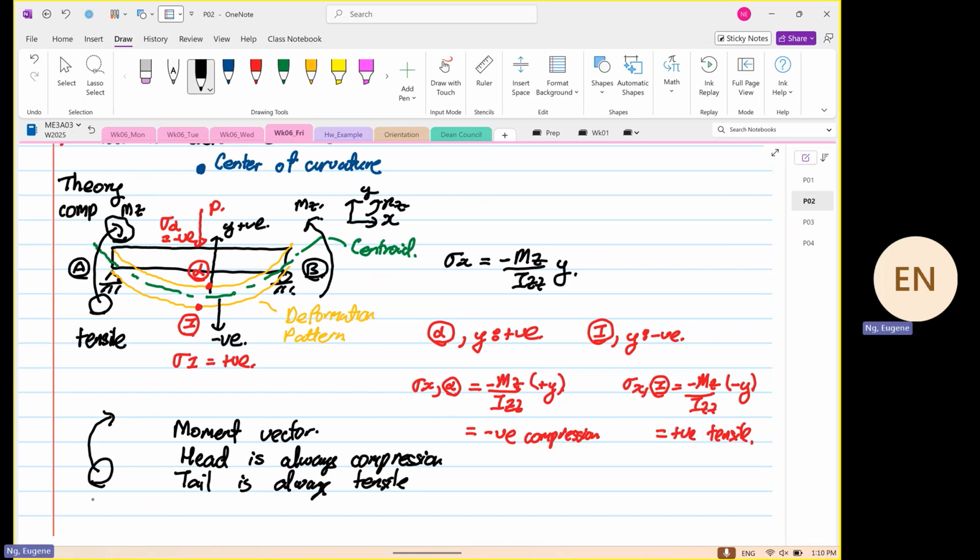Tensile. So this is what we call the tail, and this is what we call the head. And in terms of stress, this is always negative. In terms of stress, this is always what? Positive. That's all. No need to remember. Mx is equal to minus My over. Now watch this. Ruler now. I brought mine.